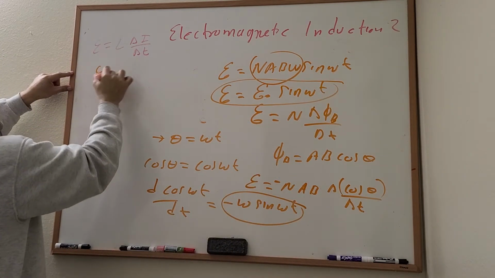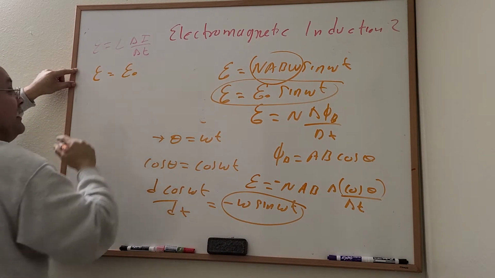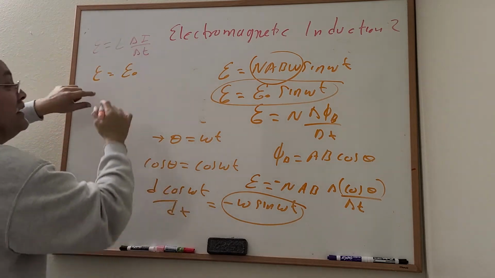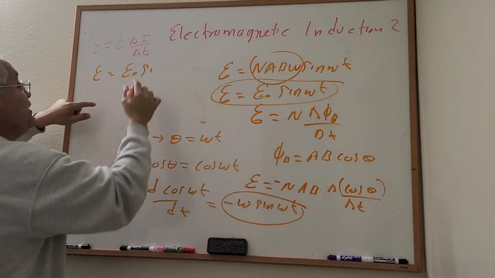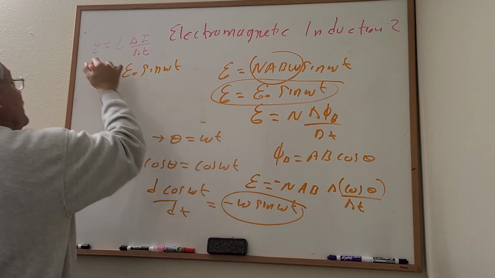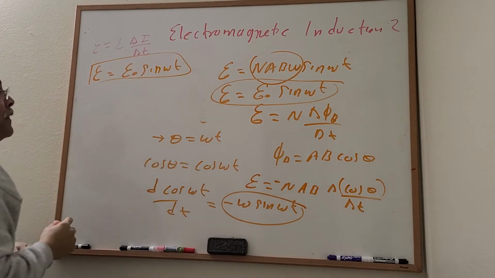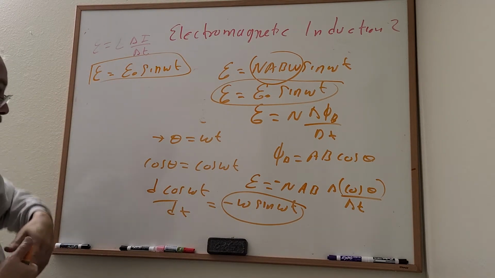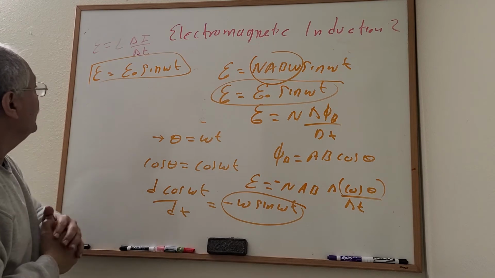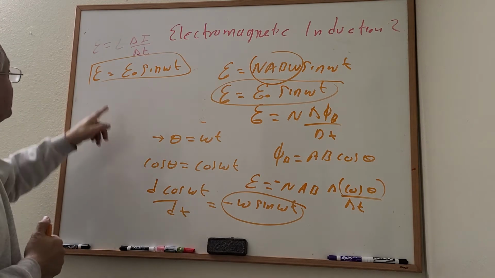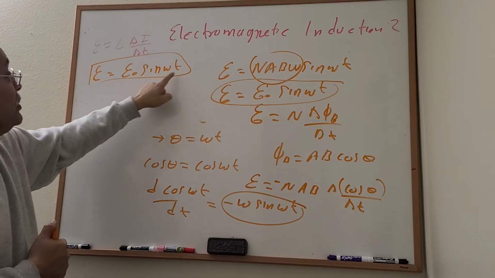The electromotive force equals this maximum peak, or the amplitude, times sine omega t. That's the equation that is used for an AC generator, where we make this depend on time.